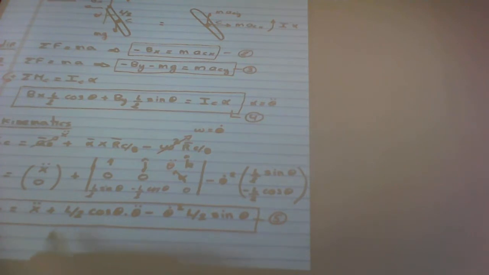So ACY should be equal to L over 2 theta double dot sine theta, minus, sorry, plus theta dot square L over 2 cosine theta.